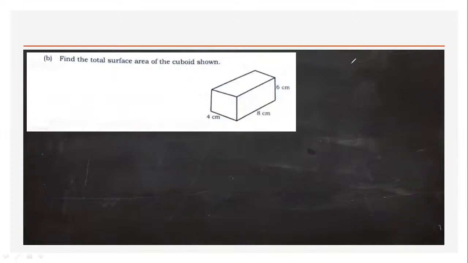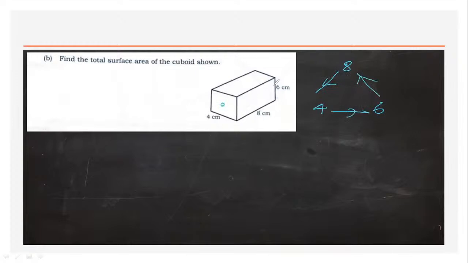I told you a short method of finding this, no? So what can you do? You can write length, breadth, height separately. 8, 4, 6 separately. Length into breadth, breadth into height, height into length, this way. That is twice total surface area.